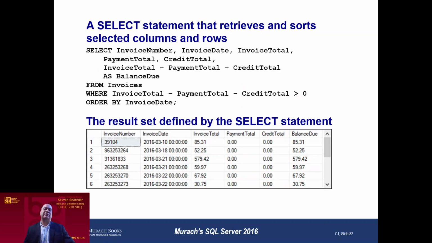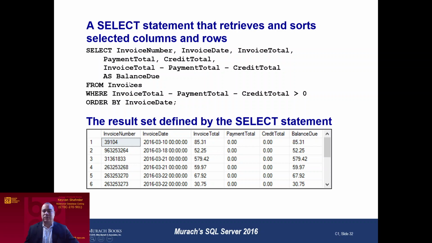Here's a select statement that retrieves and sorts selected columns and rows. So this is what the result is of this select statement. So it's basically saying select these columns, okay, and name it as balance due, credit total as balance due, okay, from invoices table.